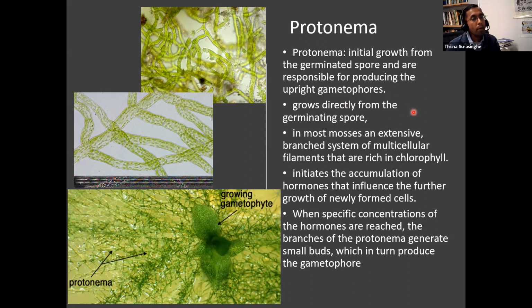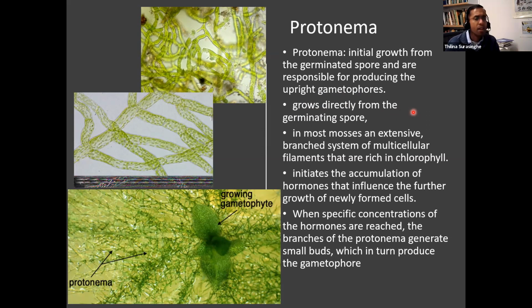Like I mentioned, protonema grows straight from the germinating spore. In most mosses, it is an extensive branch system of multicellular filaments that are rich in chlorophyll. So the protonema is extensive, multicellular, and looks like a filamentous network, analogous to the mycelium of a fungus. It initiates the accumulation of hormones that influence the further growth of the newly formed cells.